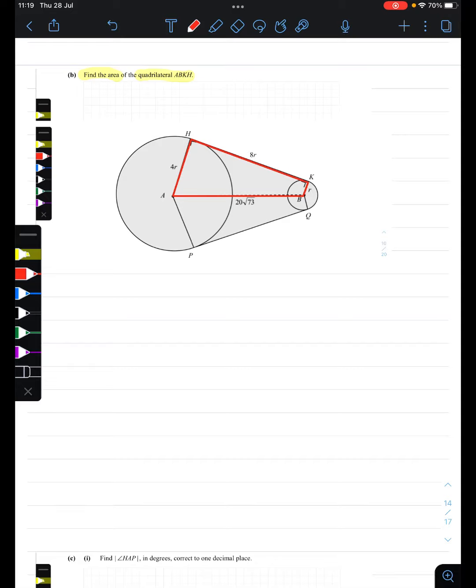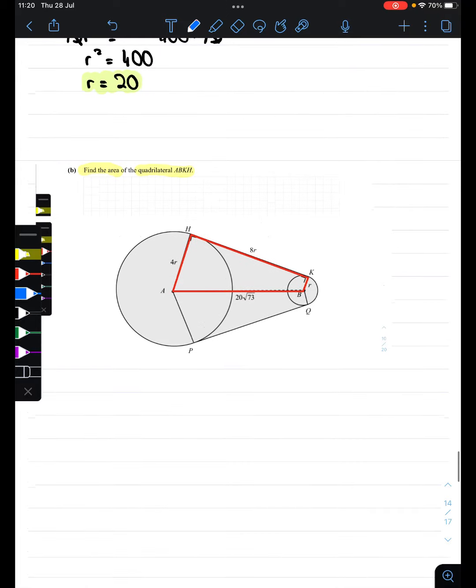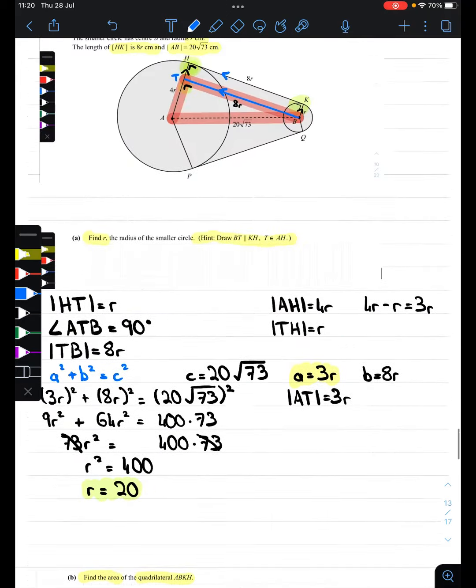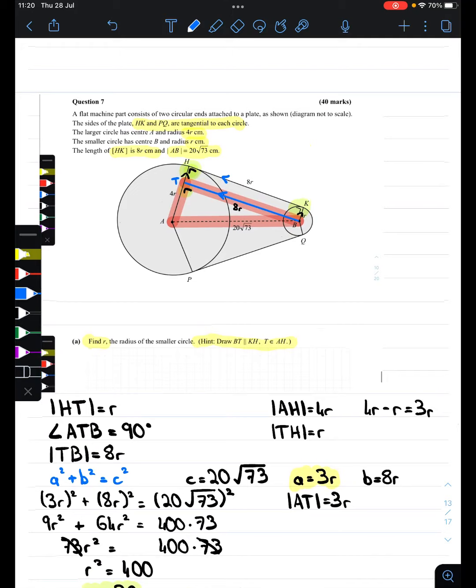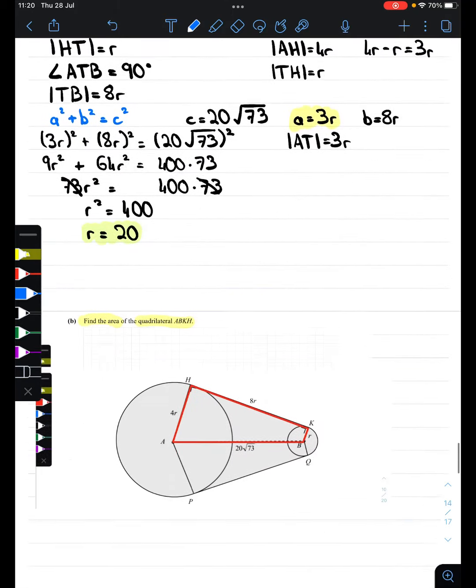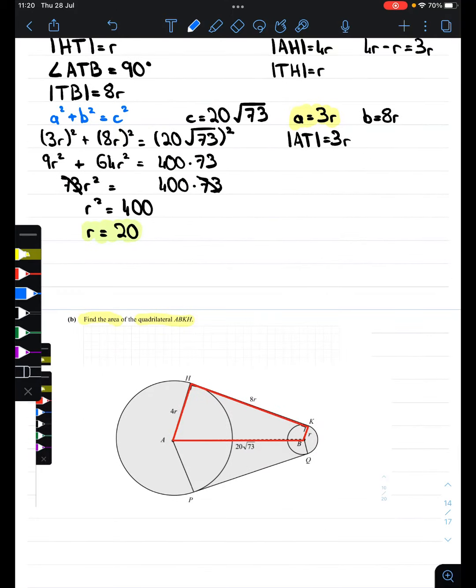All right, well, we don't really know how to figure out the area of a quadrilateral. But in the previous question, we split this quadrilateral into two things that we do know how to calculate the area of. So we split it into a triangle, a right angle triangle, and a rectangle. Okay, so let's have T here.